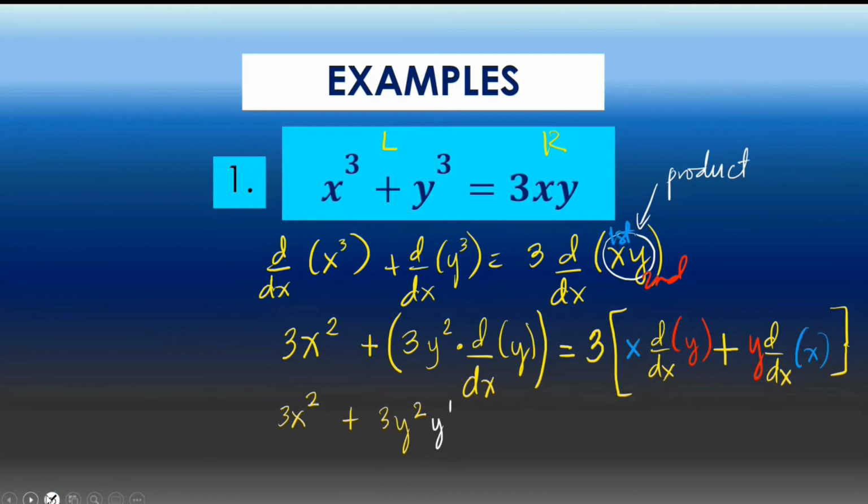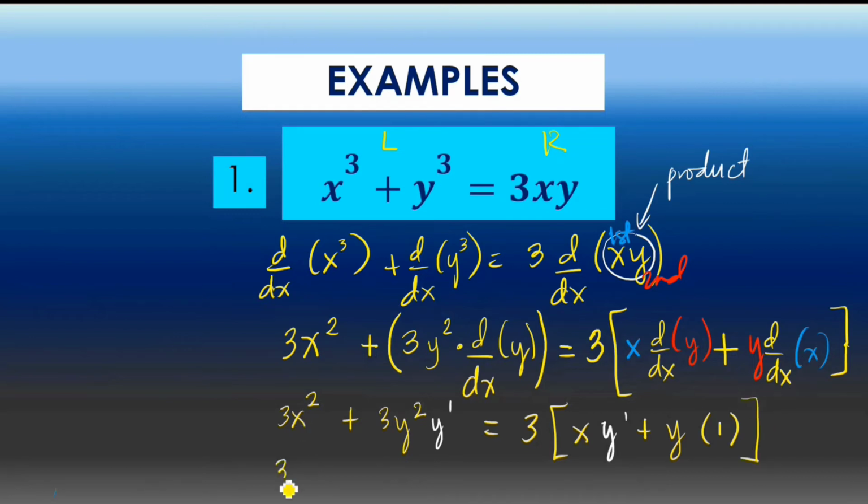So it is y prime equals, so we do have here 3 times x, dy over dx, again, it is y prime, then plus y, derivative of x, so it is 1. Okay, derivative of identity.